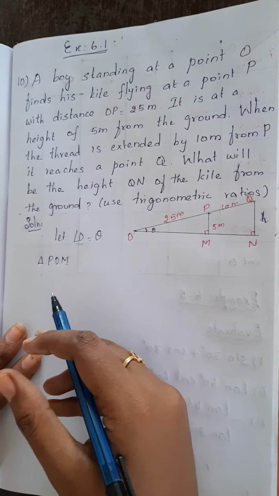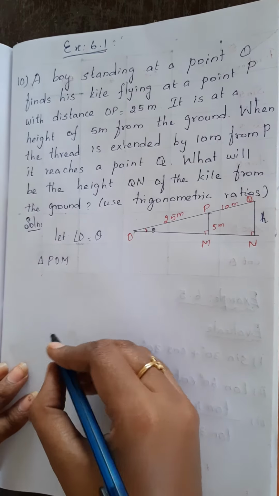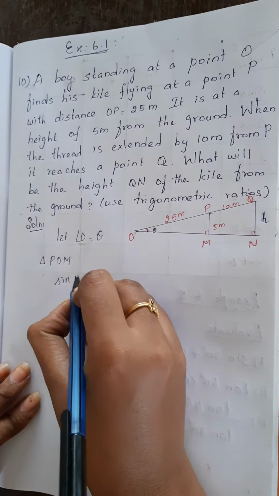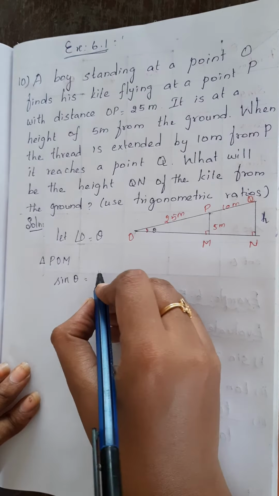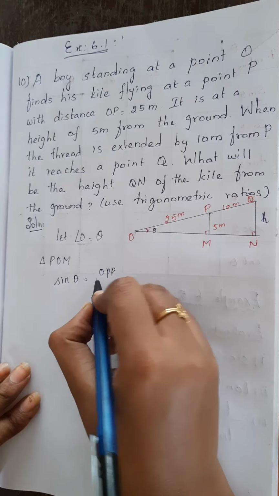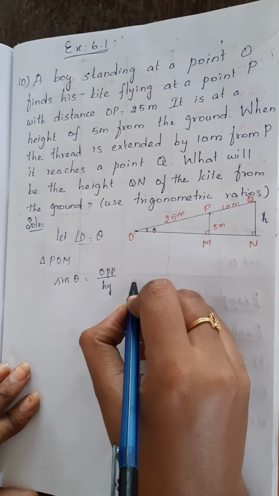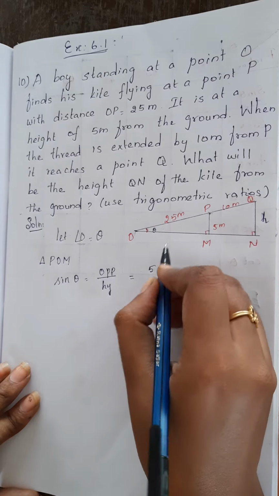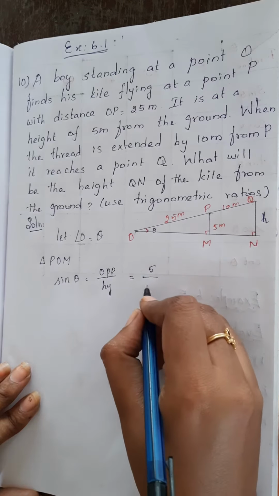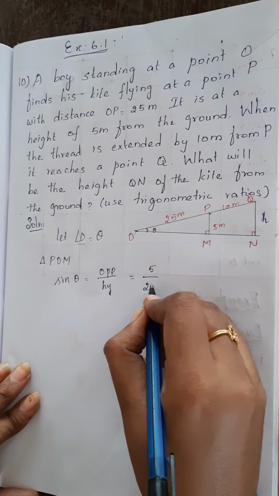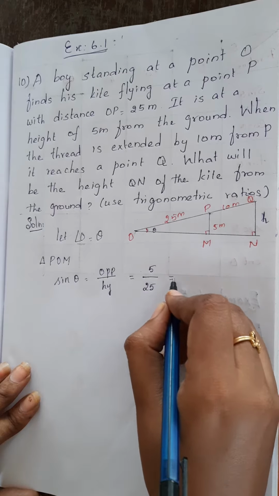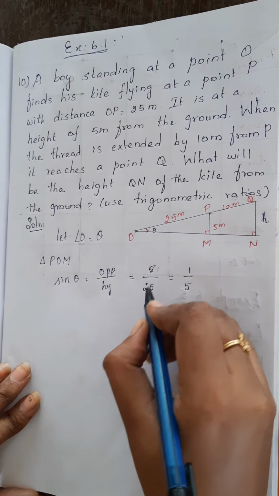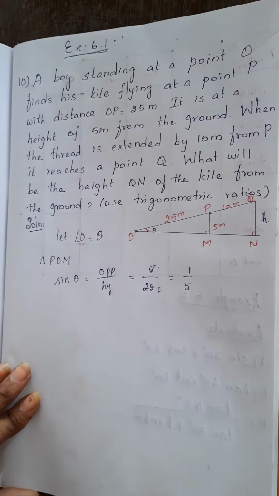So what is the formula we can use? We can use the sine theta formula. The formula is opposite side by hypotenuse. Opposite side value is 5. Hypotenuse value is 25. So that is equal to 1 by 5 when you cancel it.